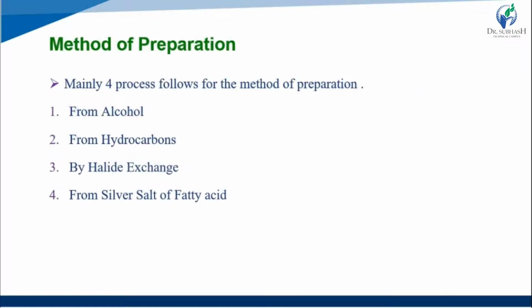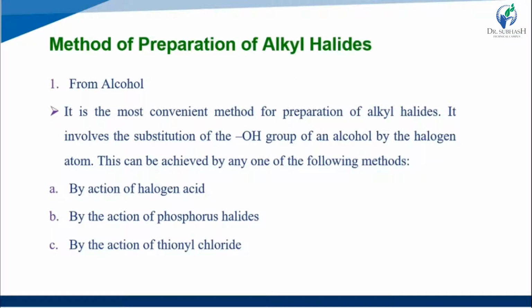Okay, so method of preparation. Now we study the methods of preparation. Mainly four types of processes are there: first, from alcohol; then preparation from hydrocarbon; then by halide exchange; and then from silver salt of fatty acid. Here we learn the first, that is from alcohol.